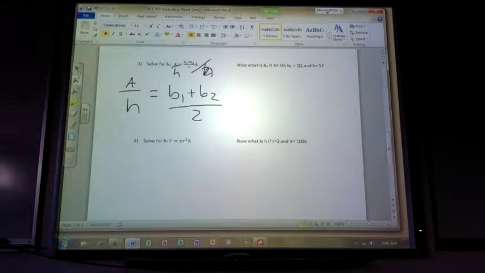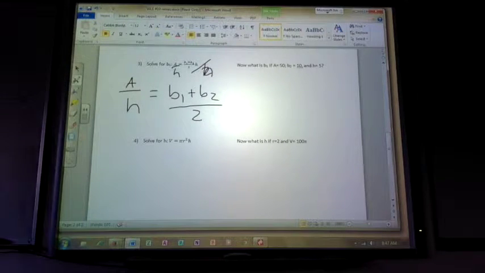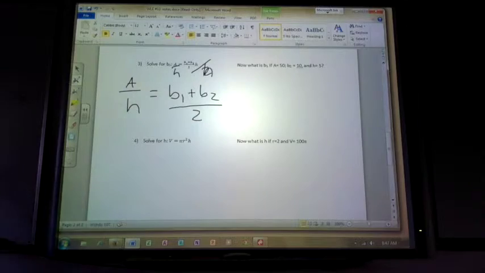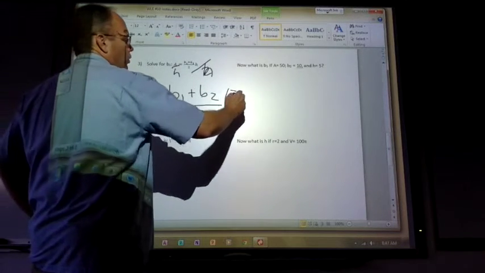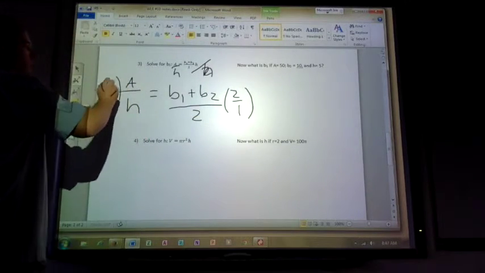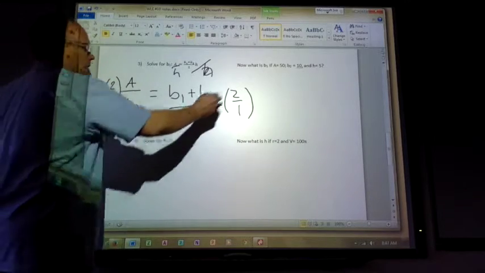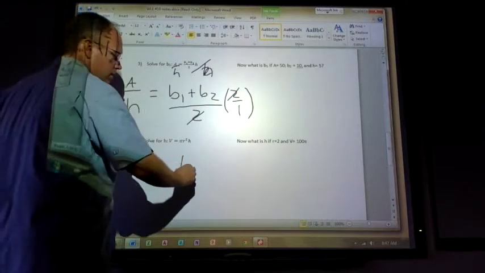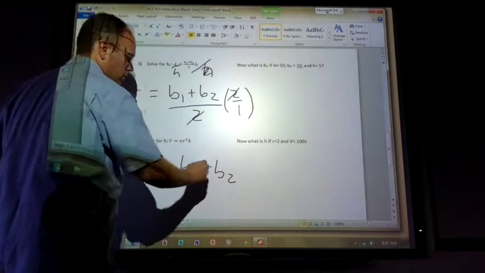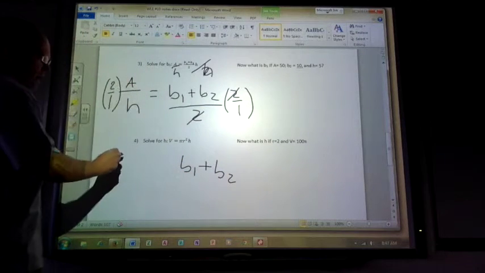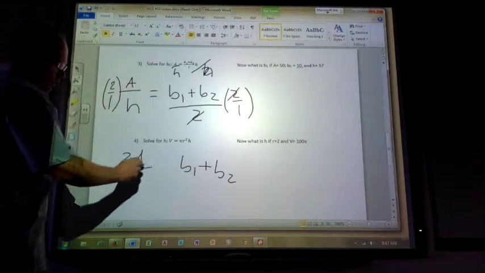So b1 plus b2 is all over 2, so how would I move that 2 over to the other side? Good. Times both sides by 2, or 2 over 1. So that's going to cancel that, and that's going to leave me b1 plus b2 equals 2A over h.